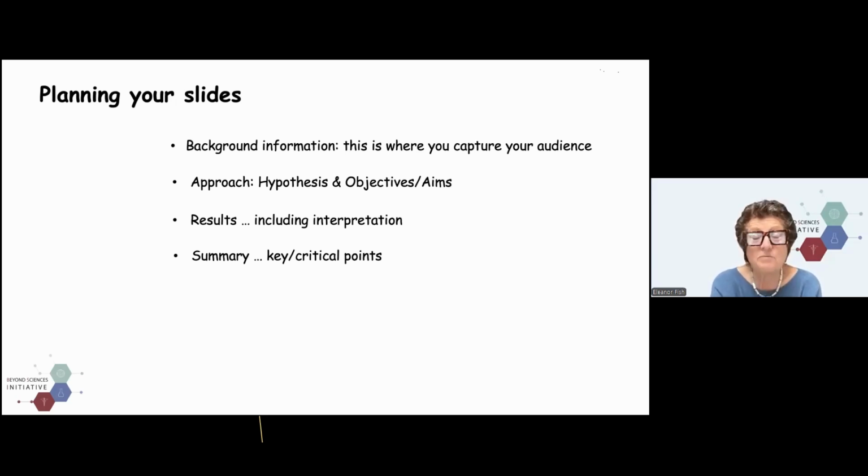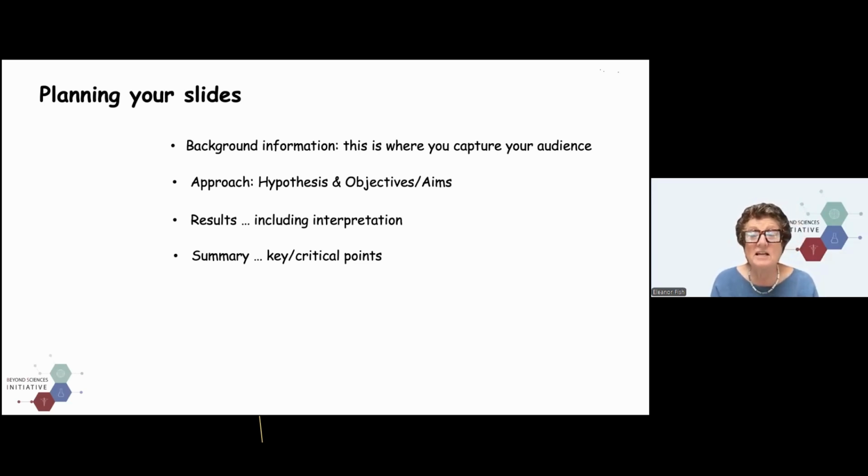When you finish your presentation, when you've presented all your results, I would suggest that you have a single summary slide which covers the key or critical points of your results. Do not repeat exactly what you've said in each of your results slides.